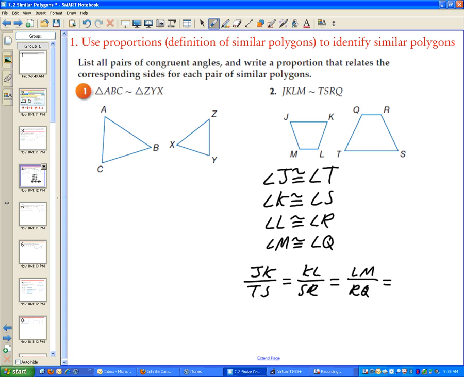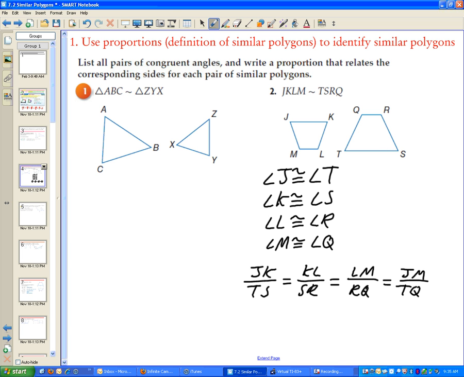RQ. And what have I not listed yet? JM to TQ. So, the sides correspond, the lengths make the ratios.